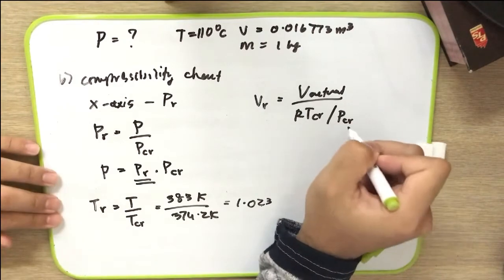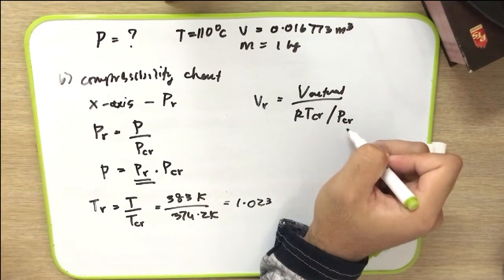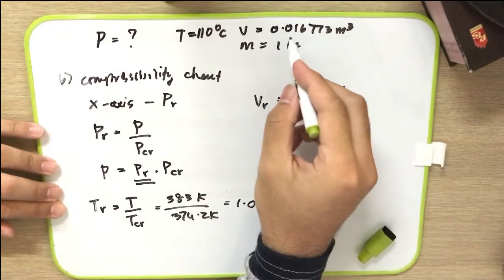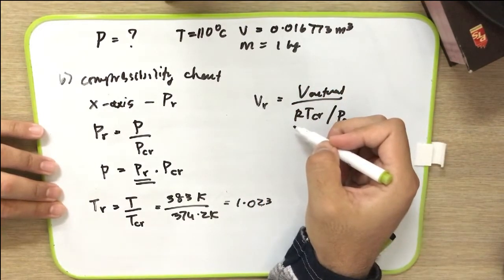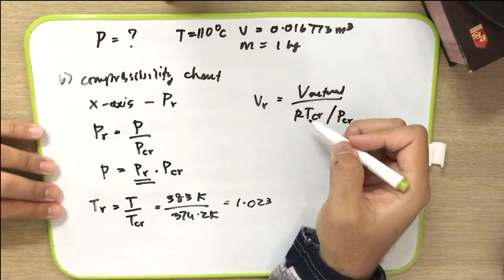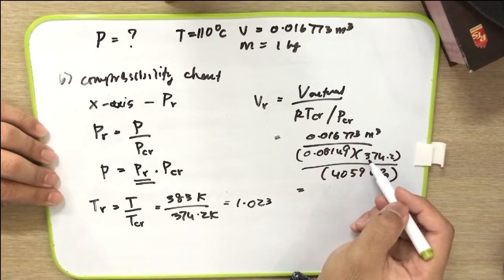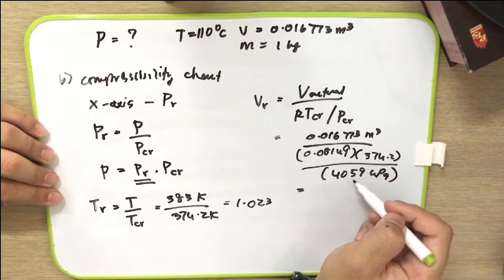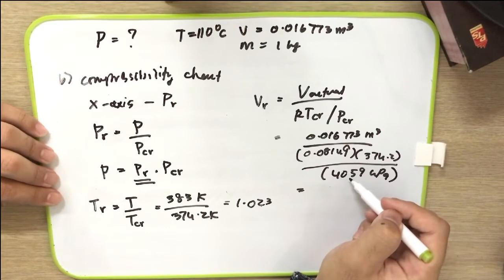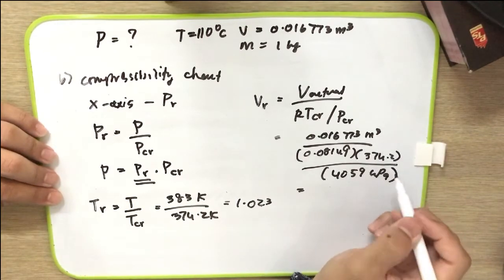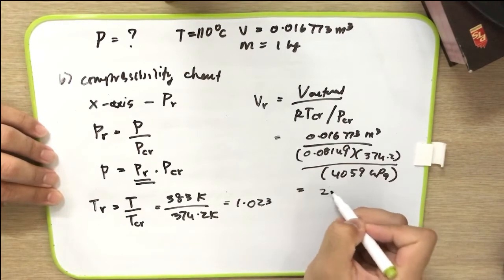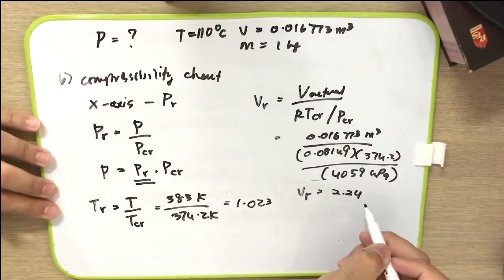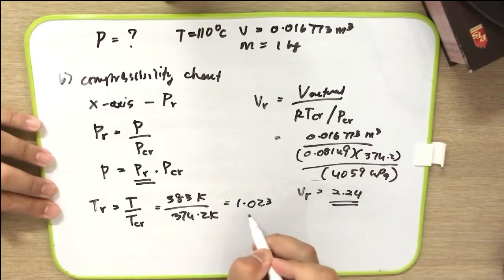The T critical and P critical we can find from table A1. V actual is 0.016773. The R we got just now is 0.08149 for refrigerant. This is T critical from table A1, and this is P critical for refrigerant, which we also get from table A1. So we substitute all together, then we will get the answer for VR is 2.24.